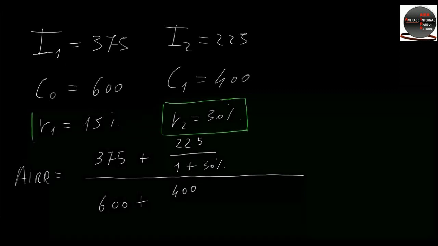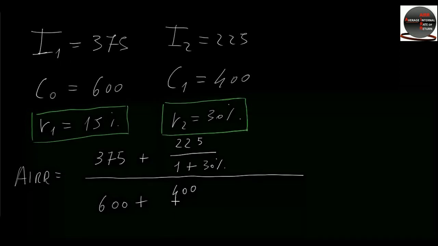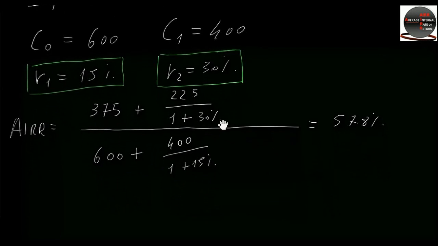So we have to use the first cost of capital. Then we divide by 1 plus 15% and we get 57.8%.